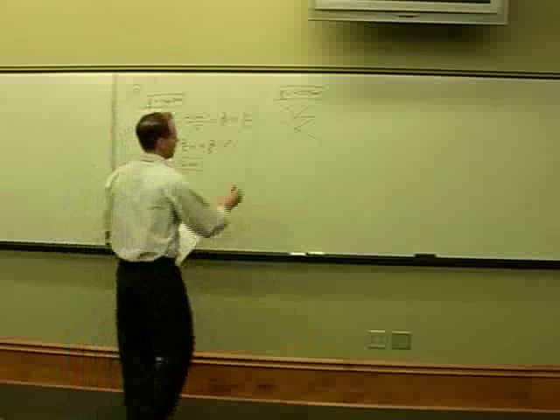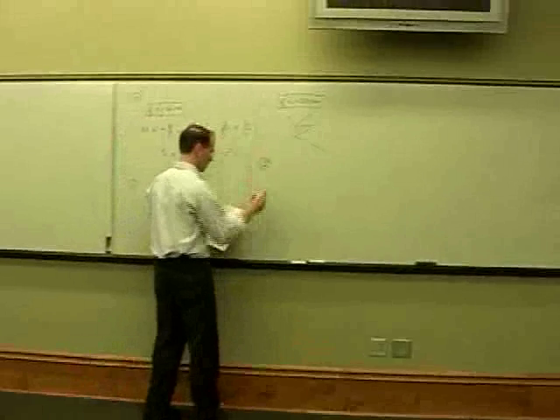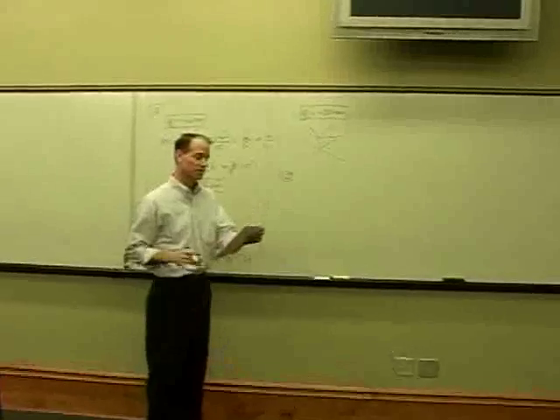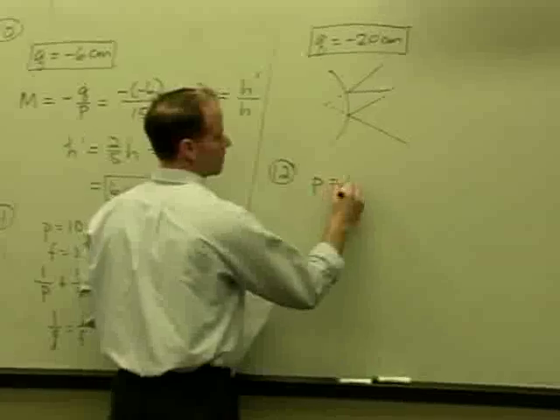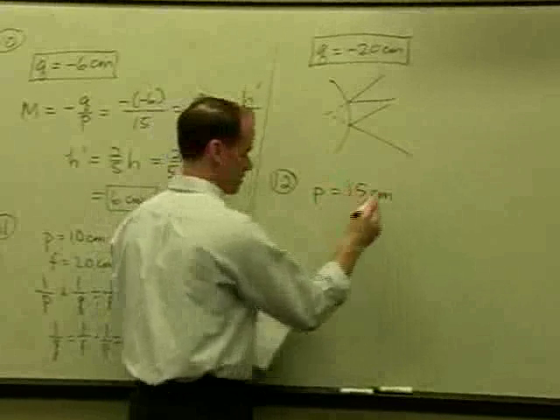Problem number 12. An object is placed 15 centimeters in front of a concave mirror with a focal length of 30 centimeters. What is the magnification? All right, here's number 12. Object is placed 15 centimeters in front of a concave mirror, so our object distance is 15 centimeters.